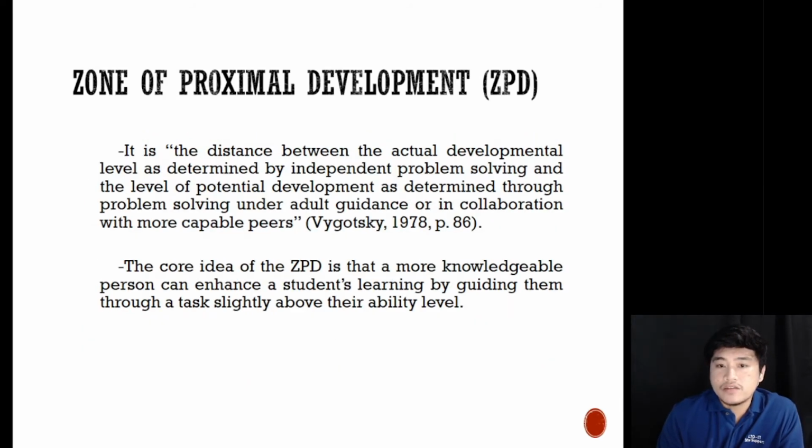Next, we have the zone of proximal development. So the core idea of zone of proximal development is that more knowledgeable persons can enhance a student's learning by guiding them through a task slightly above their ability level.